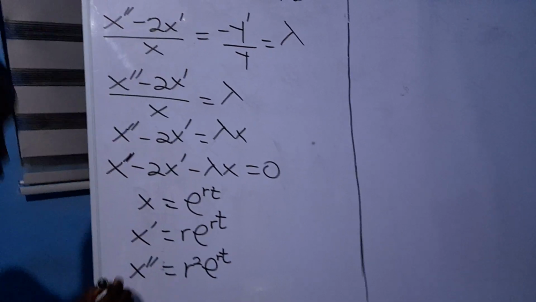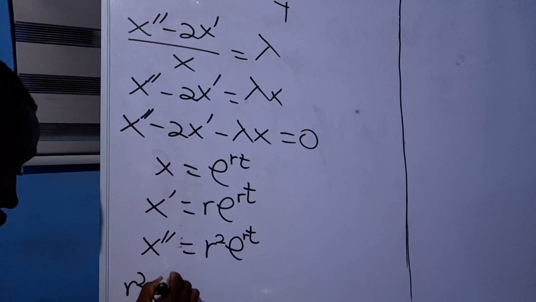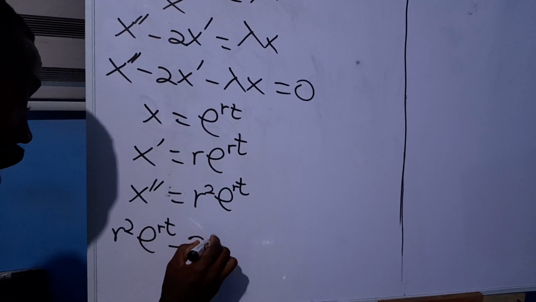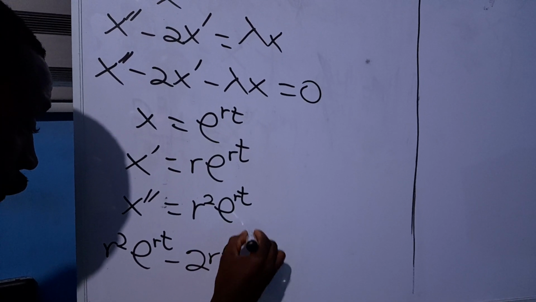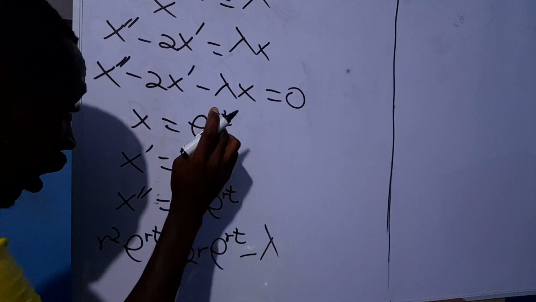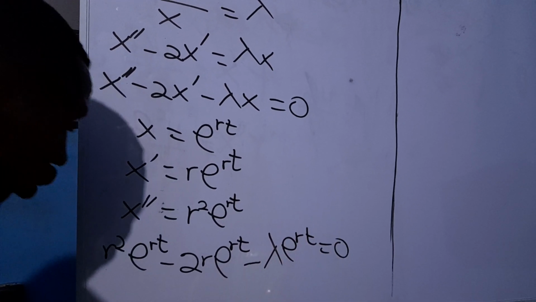So now we substitute. We get r squared e exponent r of t minus 2r e exponent r of t, then minus lambda e exponent r of t equal to 0.